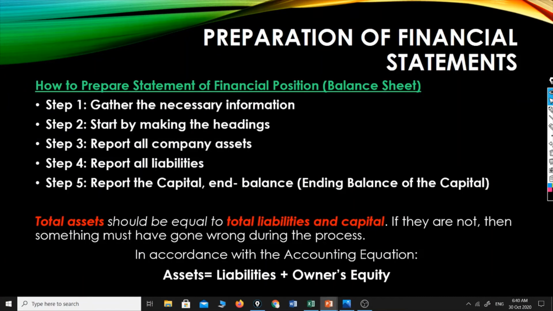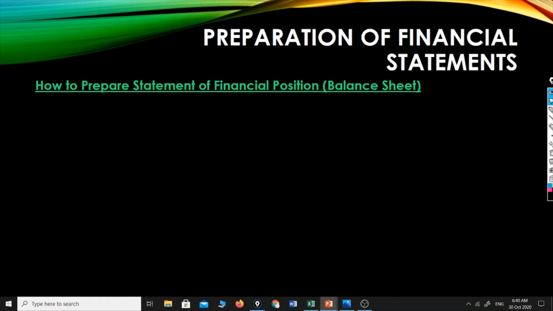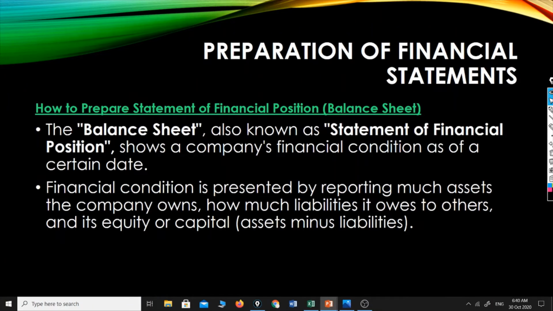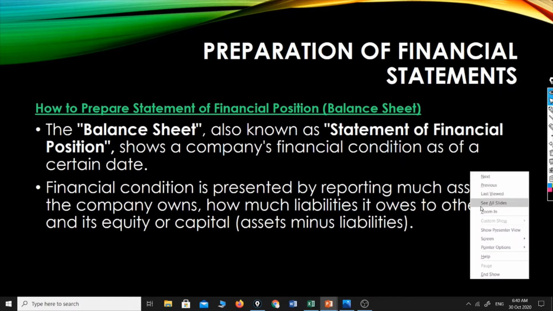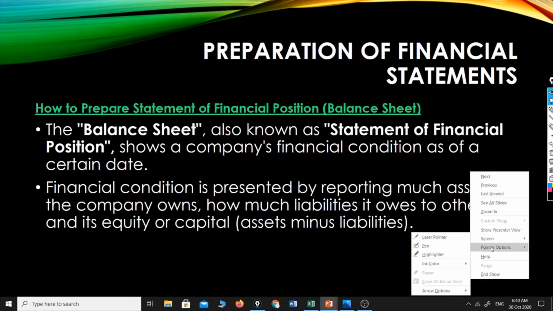And next is the statement of financial position, or the balance sheet. It shows the company's financial condition as of a certain date, of course. So financial condition is presented by reporting assets, or how much the company owns, liabilities, or how much the company owes, and its capital.